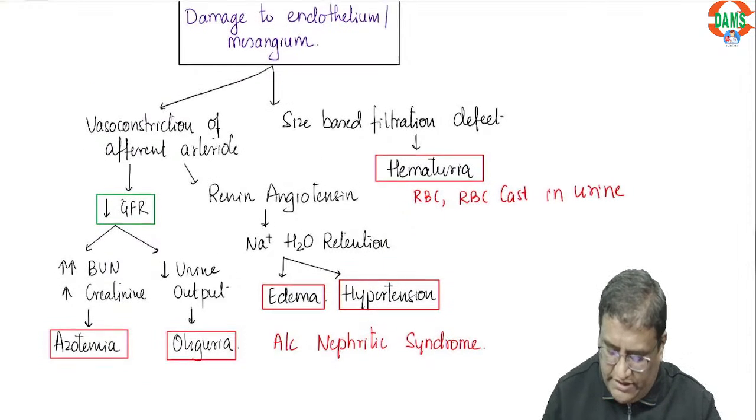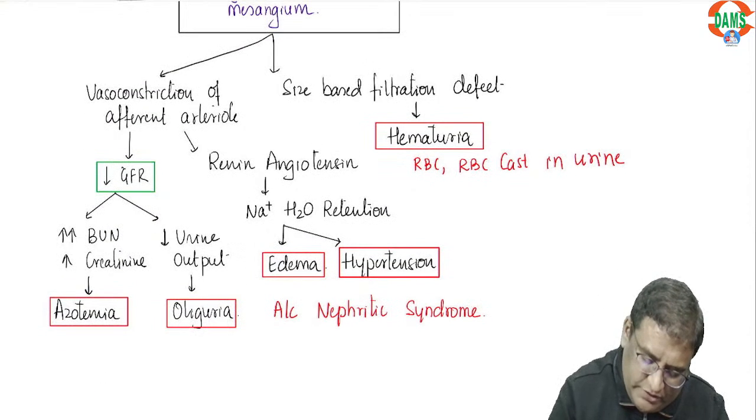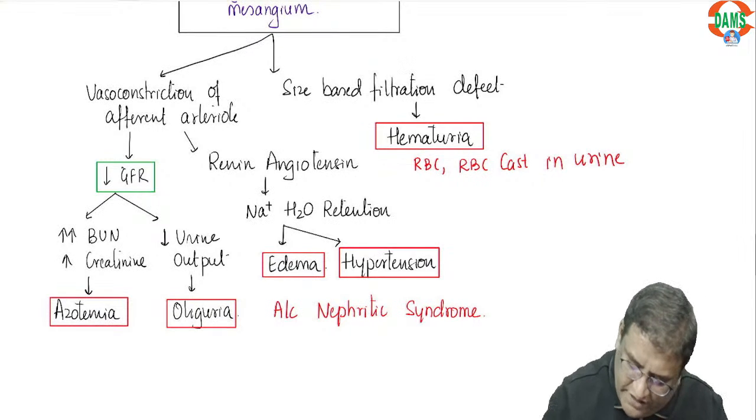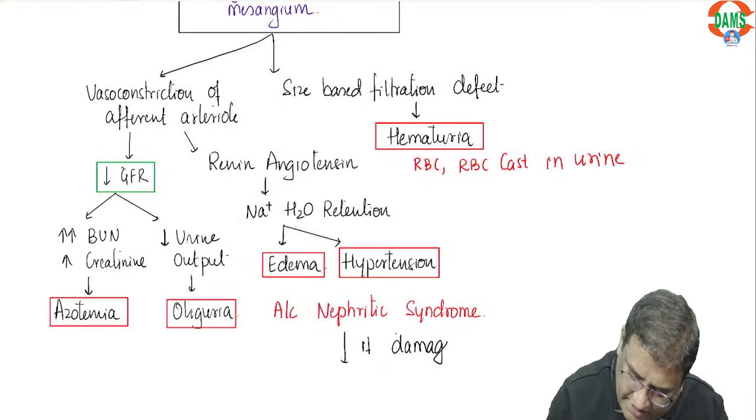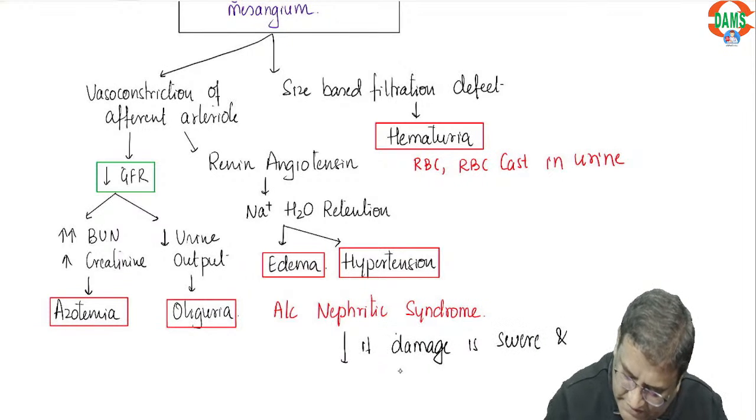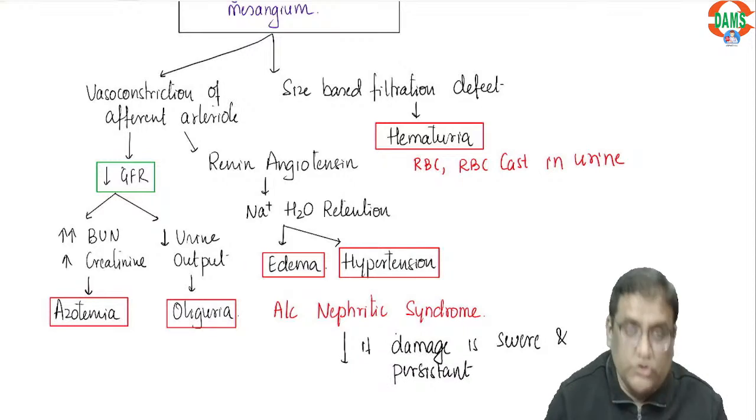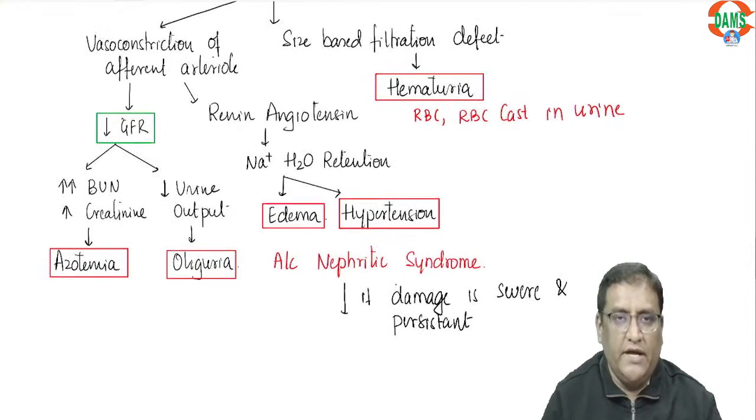Now, important: what happens in this acute nephritic syndrome if the damage is severe and persistent? Your vasoconstriction also becomes very persistent.